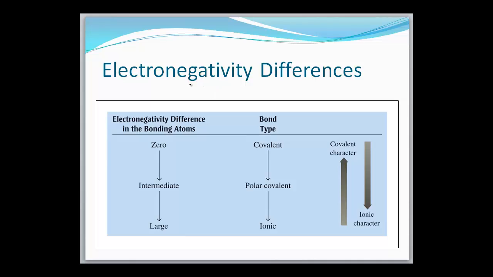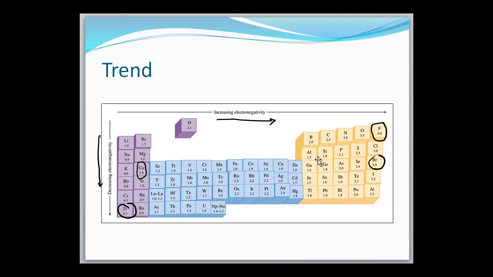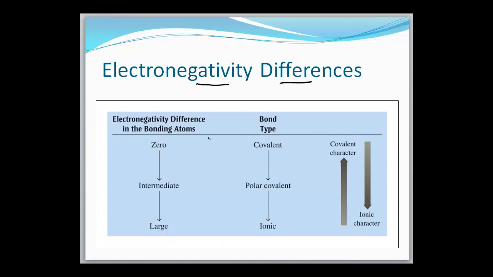Then what we're going to do is look at differences in electronegativity. So as you saw from the previous slide, each atom has its own precise value for electronegativity. If you know the two atoms that you're talking about, the difference in those electronegativities will give you a certain value. And what we're going to talk about is 0 to 1.9.